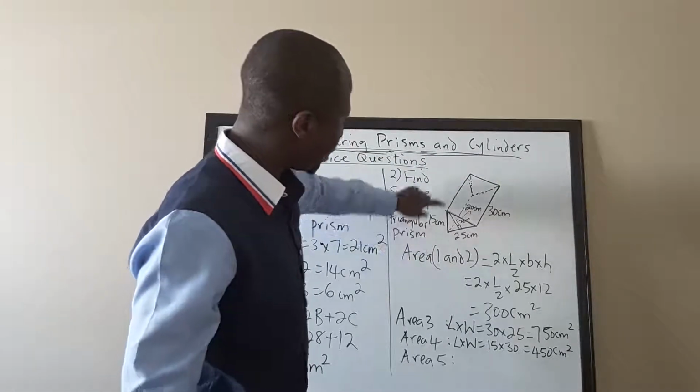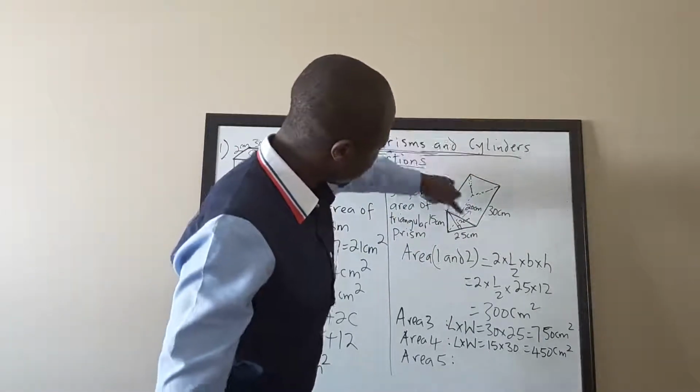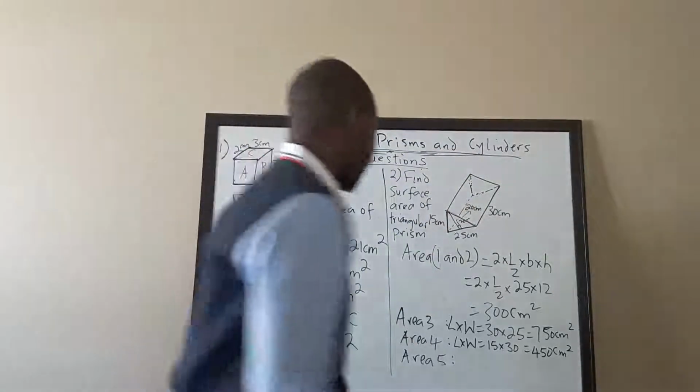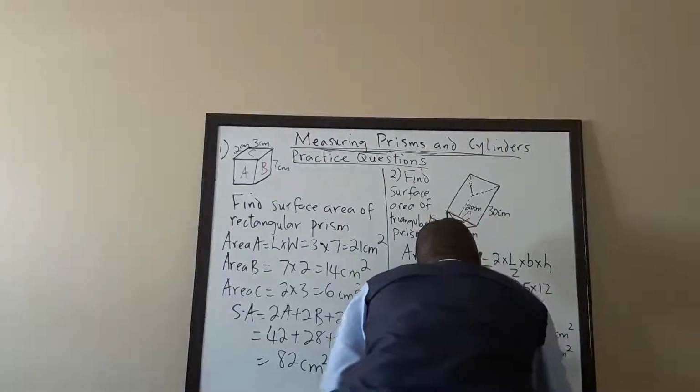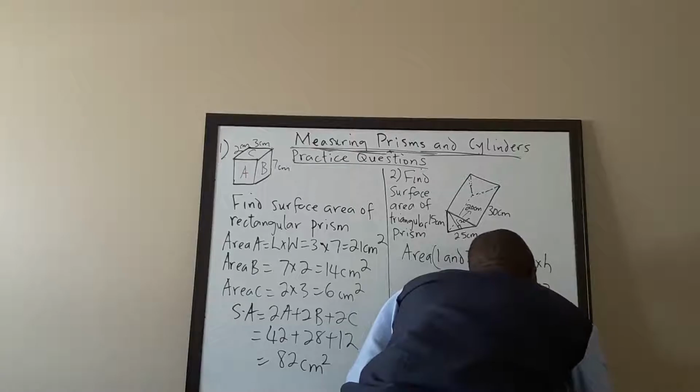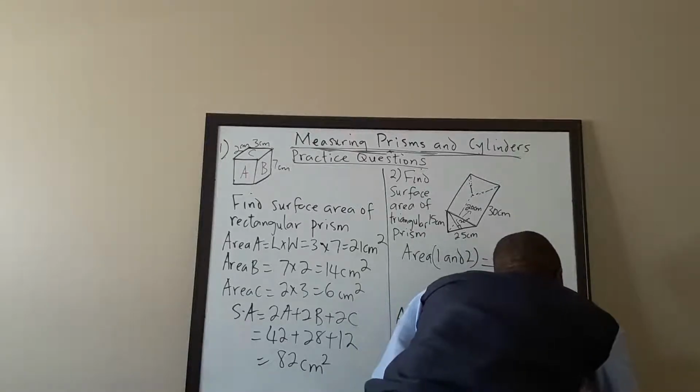And I'm looking at number 5, this big one here. So it's 30 and 20, length times width. So 600 centimeters squared.